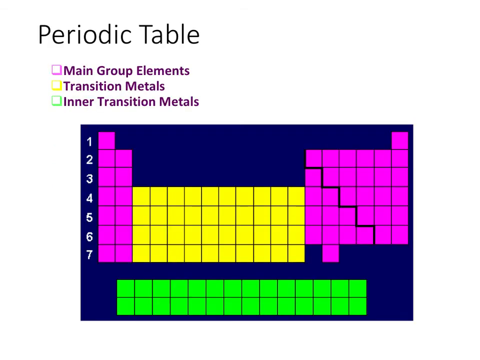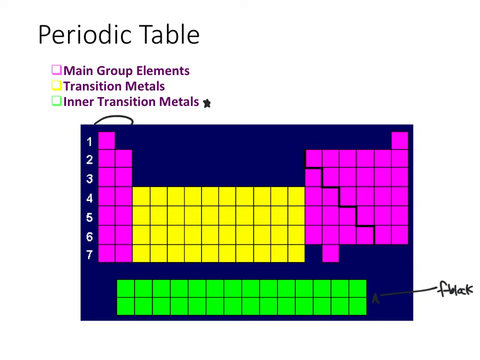Now, the periodic table can also be broken down, as we were talking about a little bit before, into various groups. So we have inner transition metals. We talked about that a little bit. The inner transition metals are the F block elements. Basically, we have that delineation.